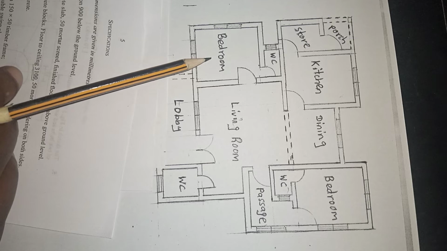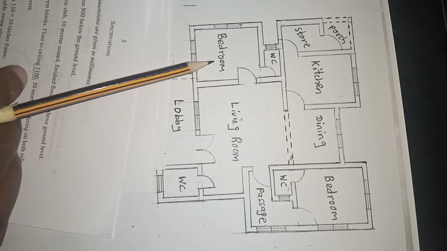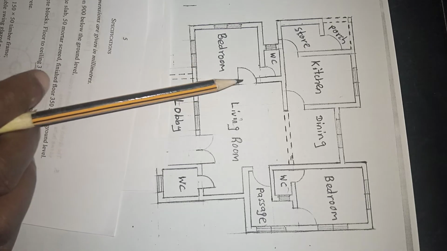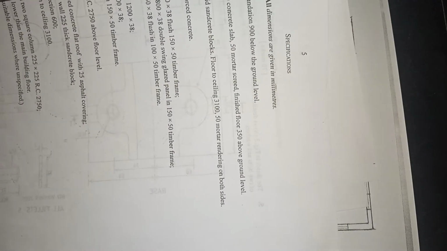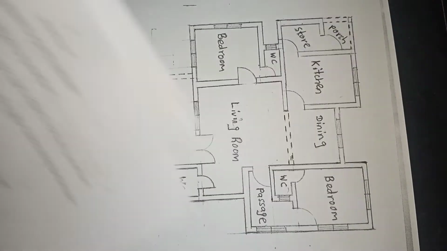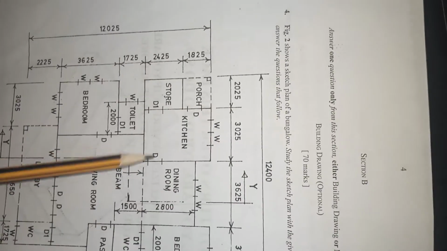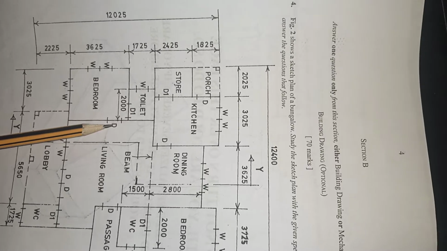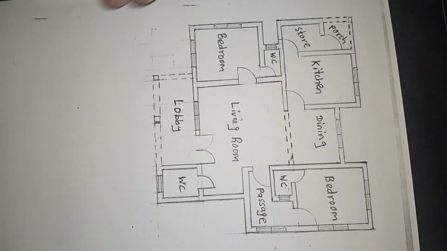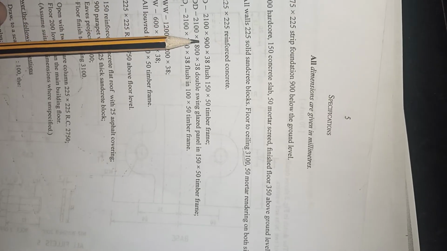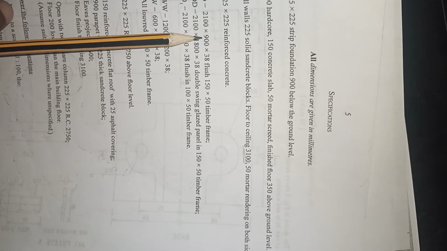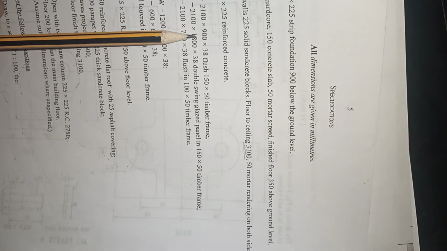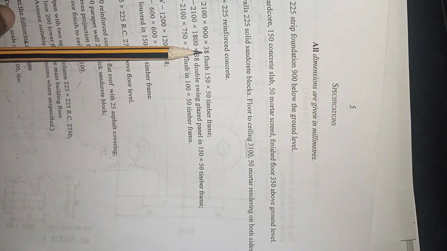We have a bedroom here. The bedroom has a door here, and this door is D from the sketch plan, and we'll still go to the specification to pick our dimension. For the horizontal dimension of the door, we have 900 by 38.